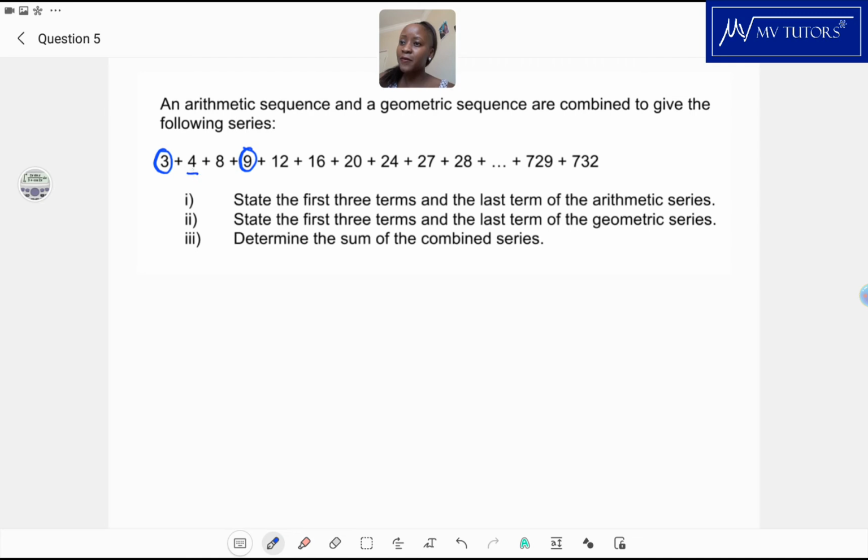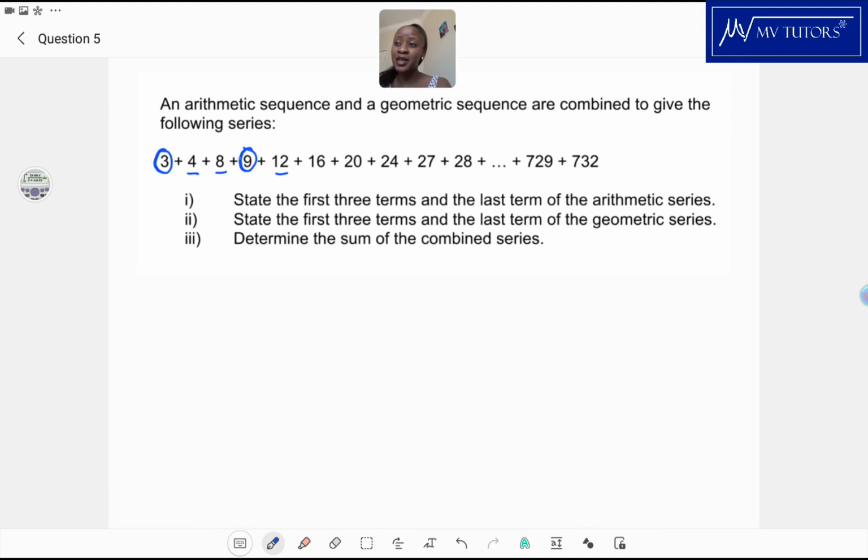From 3 to 9, I would have to multiply by 3, right? From 4 to 8, I multiply by 2, but I have a 12 here. Okay, so I would say 4, 8, 12. So each time I'm adding 4. So I'm supposing that is my arithmetic sequence. Okay, but 3, 9, 12, no, that wouldn't be arithmetic. It wouldn't be geometric either.